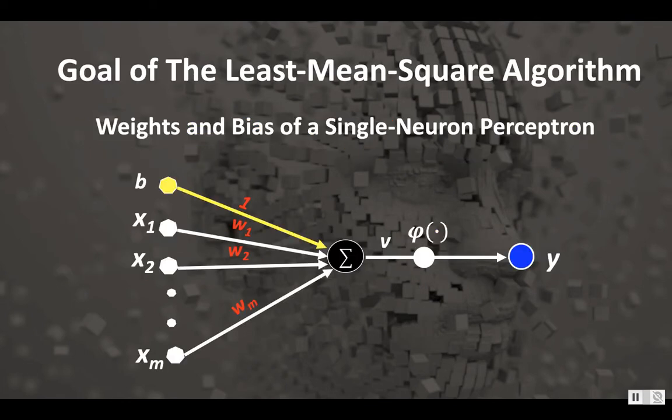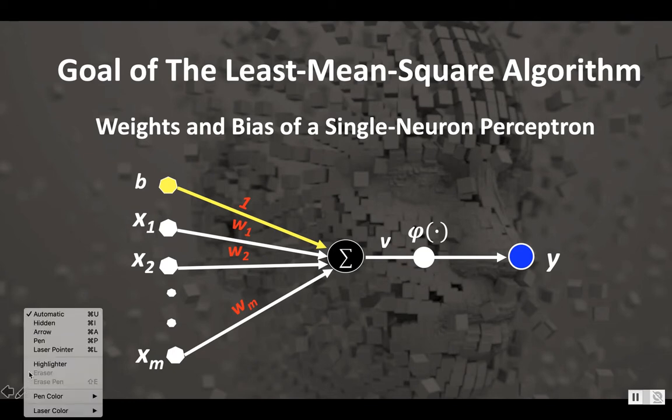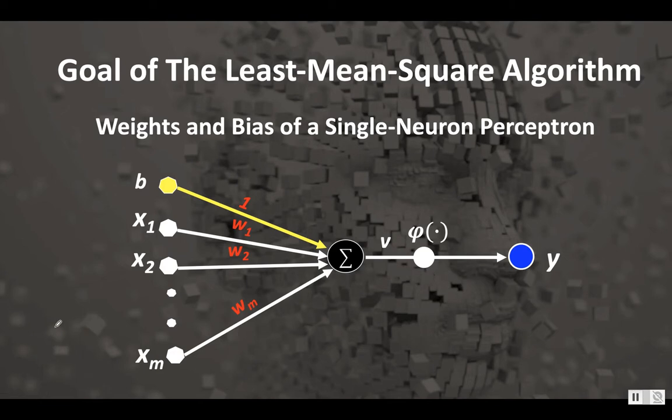This is the simple single neuron perceptron model we learned in the previous chapter. Here, the inputs are x1 to xm with weights w1, w2 until wm. We also have an extra input b, which acts as the bias, and its weight is W0.